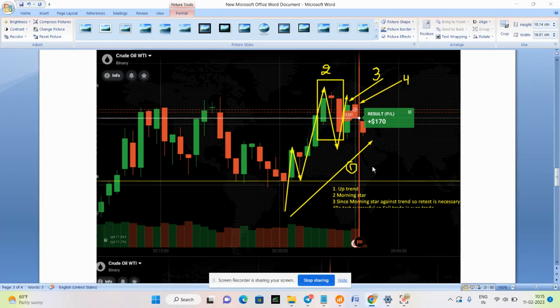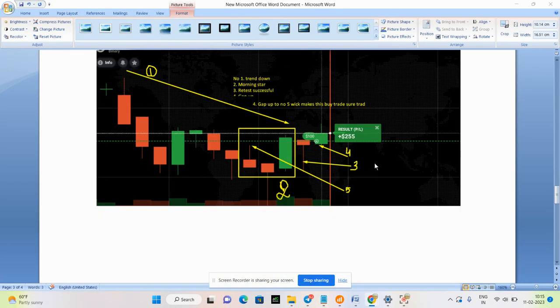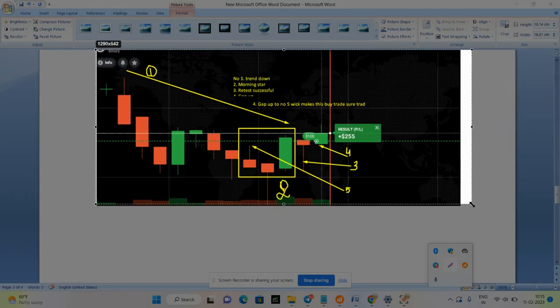Okay, and this is the last image we will discuss. Here, the trend is downtrend as the market is making lower highs. Here we have a morning star with these three candles, and these are the key levels of this morning star.